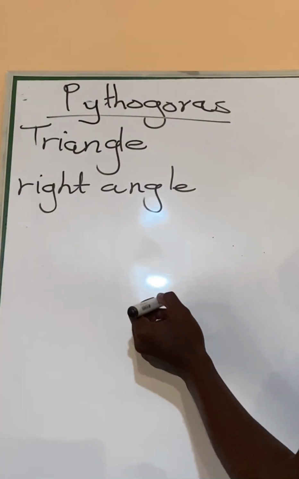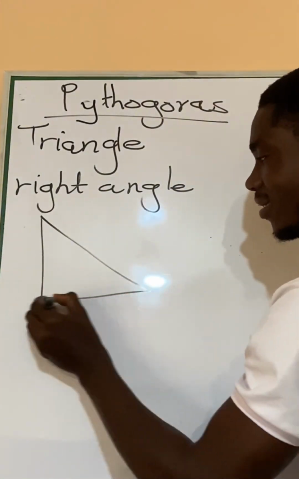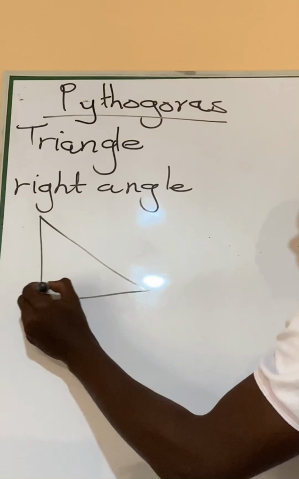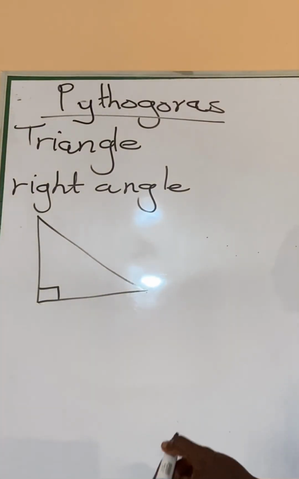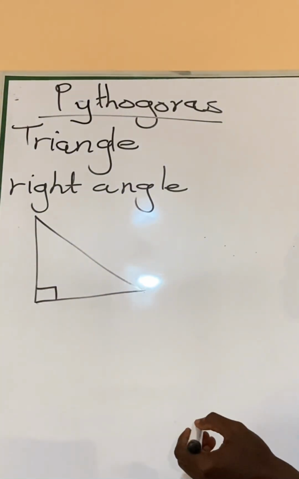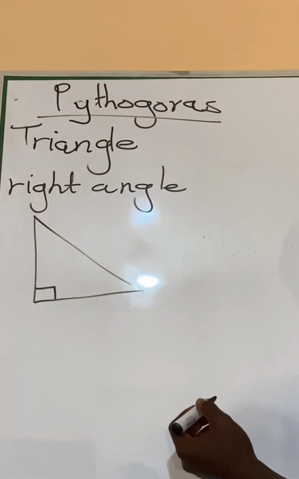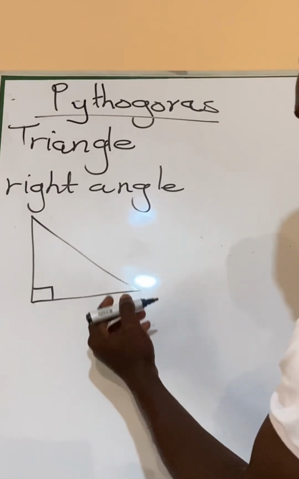Now, with right-angled triangles, we have a triangle that has what? A side as 90 degrees. So whenever we have any triangle at all with one angle as 90 degrees, then that particular triangle is a right-angled triangle.